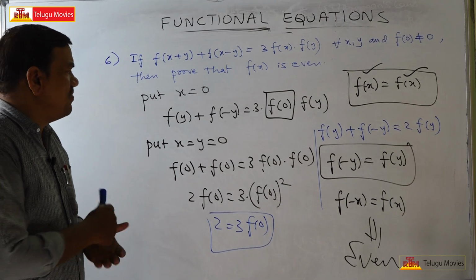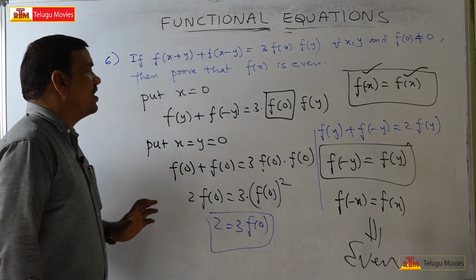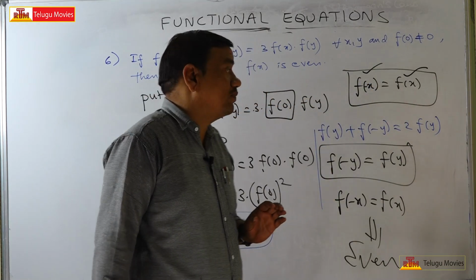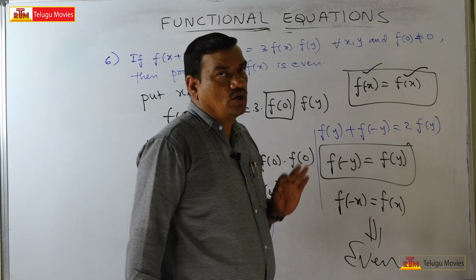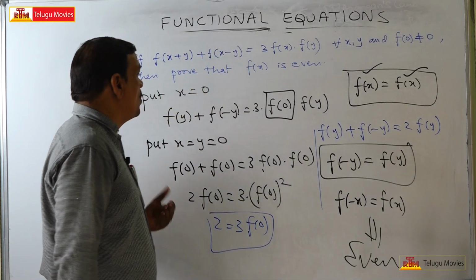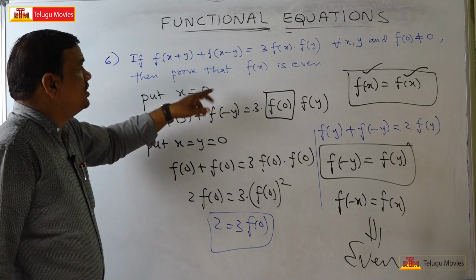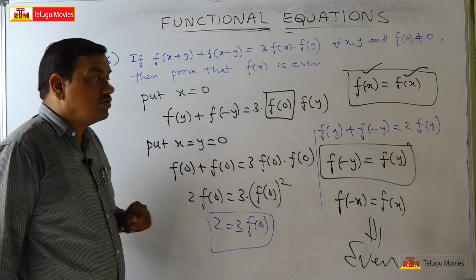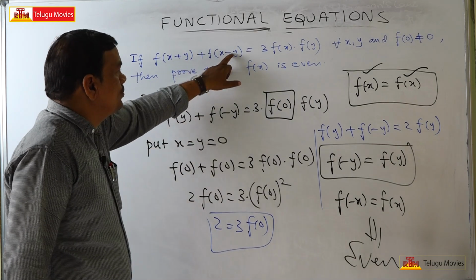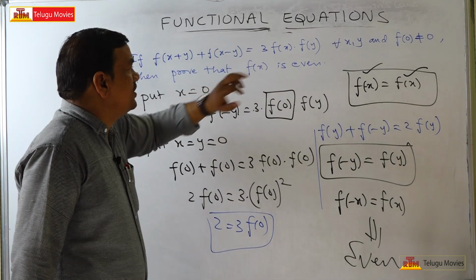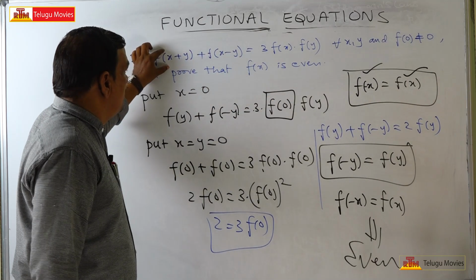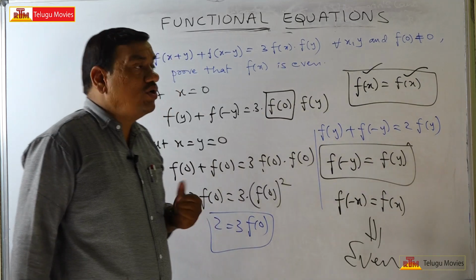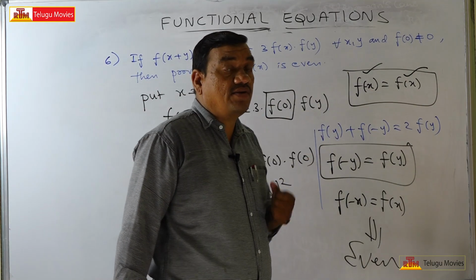So it is a very easy problem. Whenever we are asked to prove f(x) is an even function, we have to prove f(-x) = f(x). If you put y = 0, we get 3 f(x) f(0) and we won't get f(-x).